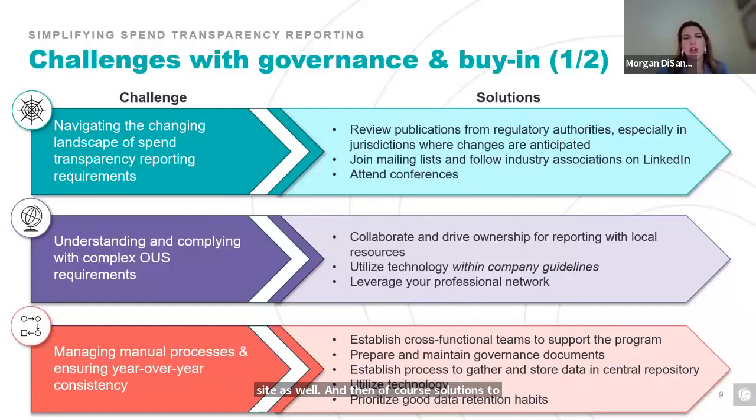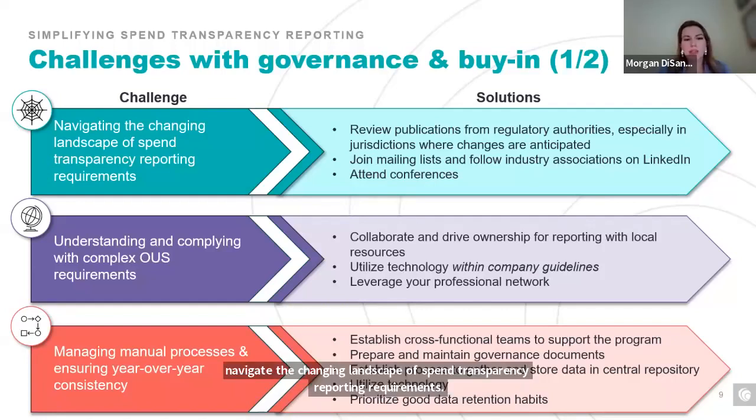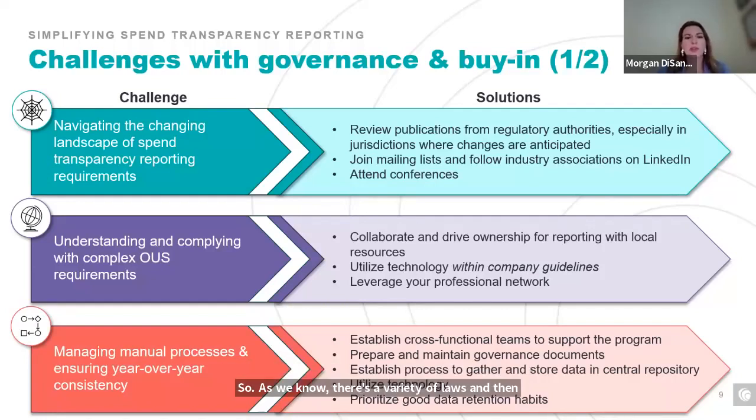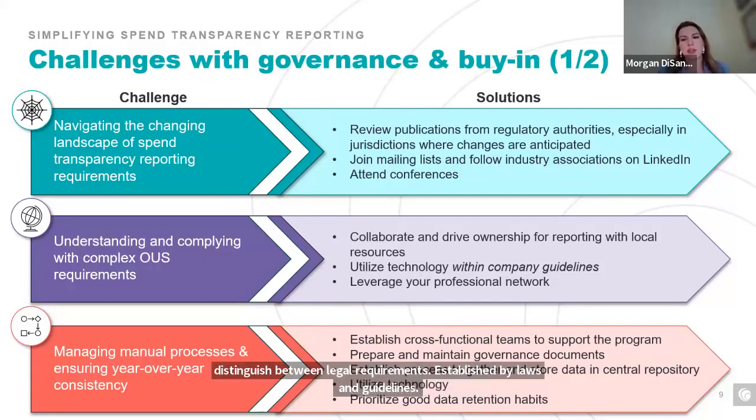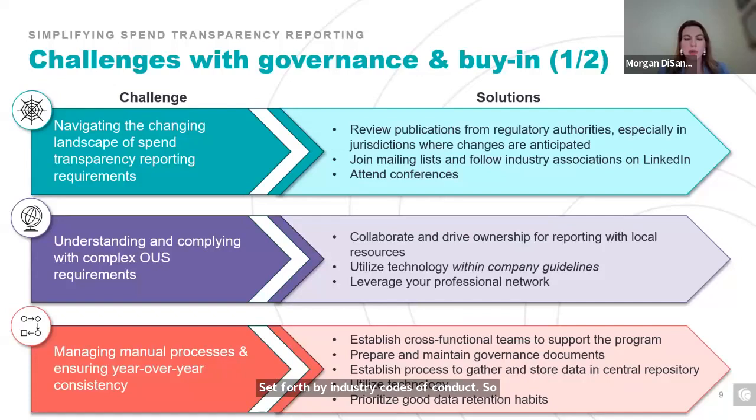So the first challenge is often that it can be difficult to navigate the changing landscape of spend transparency reporting requirements. As we know, there's a variety of laws and also a variety of codes. So it can sometimes be difficult to distinguish between legal requirements established by laws and guidelines set forth by industry codes of conduct. It's important to keep abreast of the fact that there are constantly new or changing requirements.